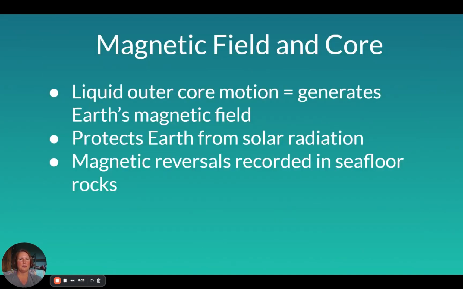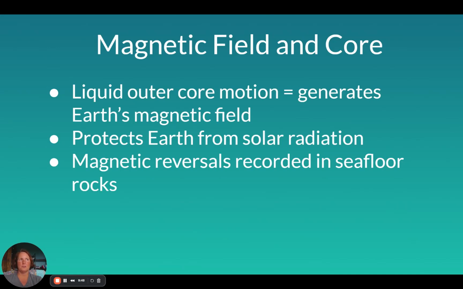So the magnetic field and core of our Earth. That liquid outer core, the motion of it is what generates Earth's magnetic field. That liquid outer core moves as our planet spins, as our planet rotates, and that generates electric currents that create the magnetic field of our Earth.